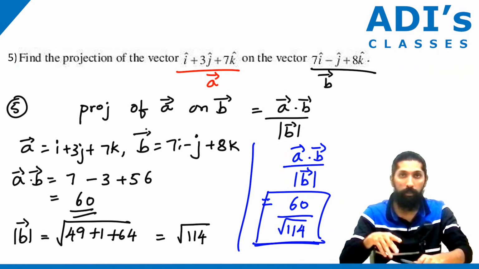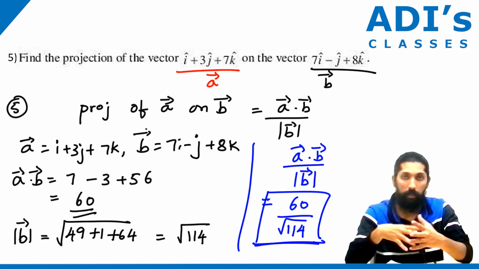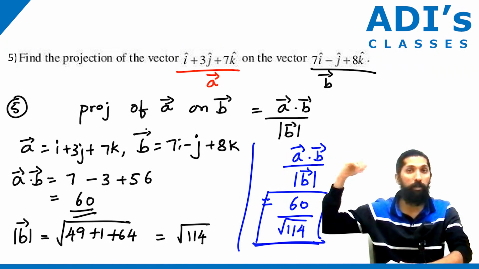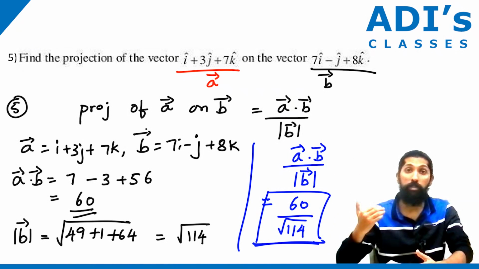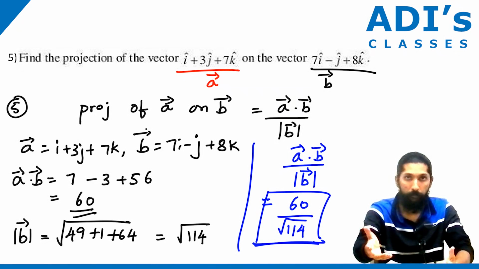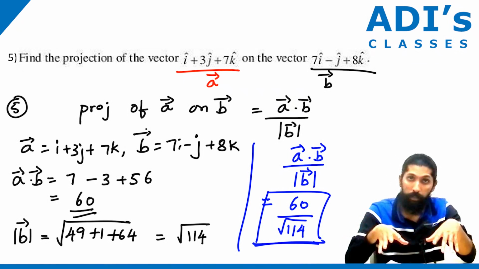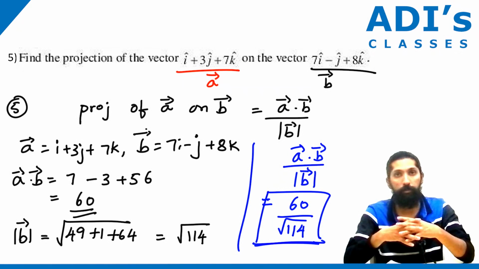It's like the light is behind you at a certain distance. How much is the length of the shadow? Basically, the length of the projection is what we are asking, correct? And this is the answer. So projection of A on B is given by this particular formula.